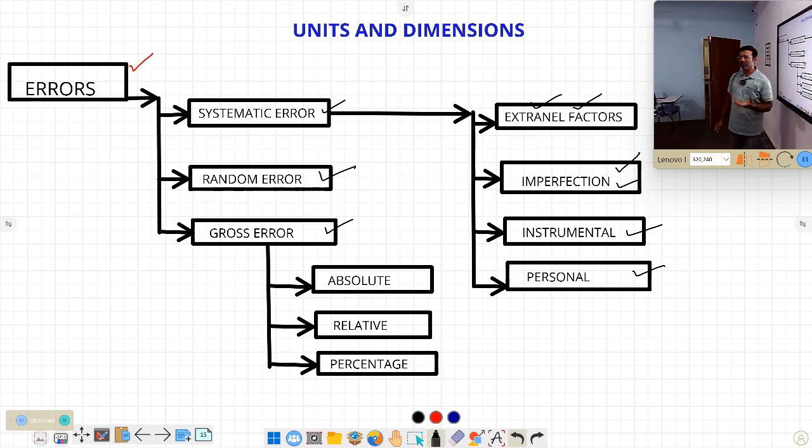What is personal error? While you are performing experiments, a lot of errors will come due to your personal observation of the readings. Whenever we note down any reading, we have to look exactly in the vertical direction, in front of that reading.